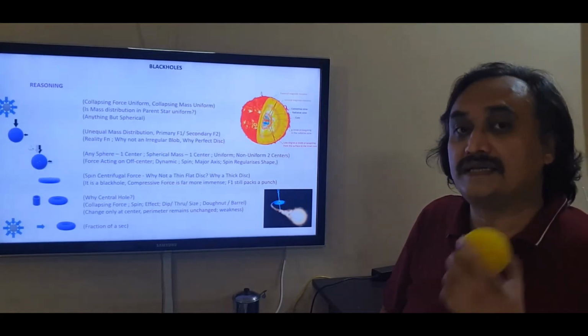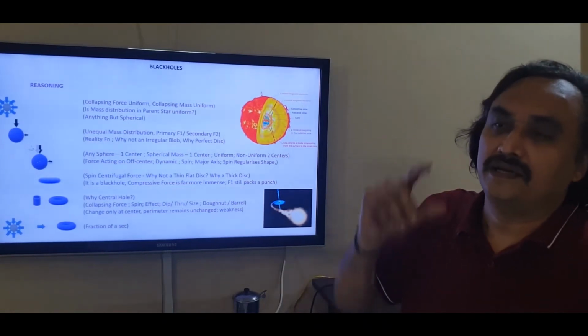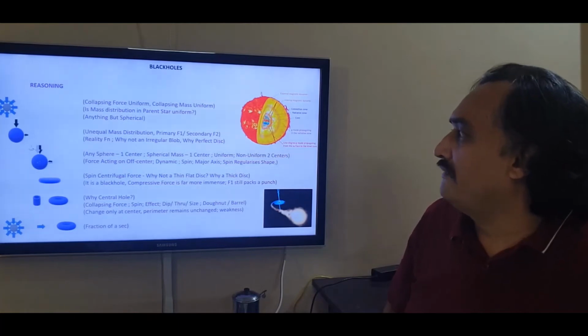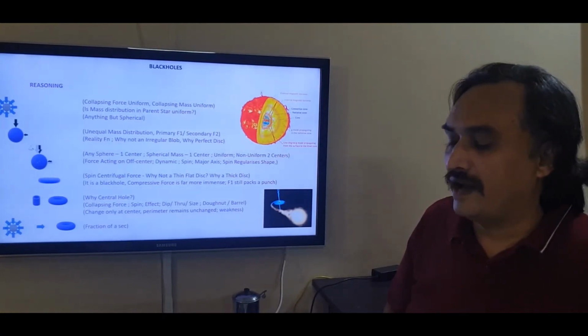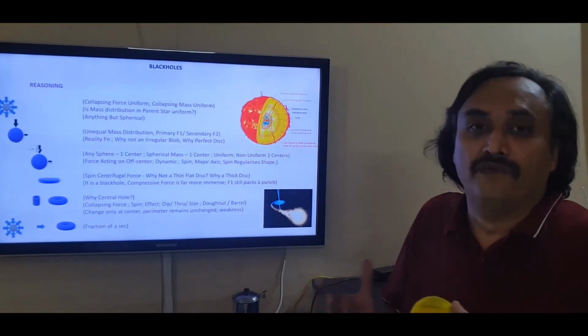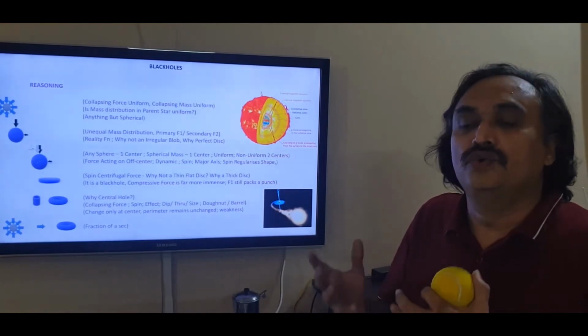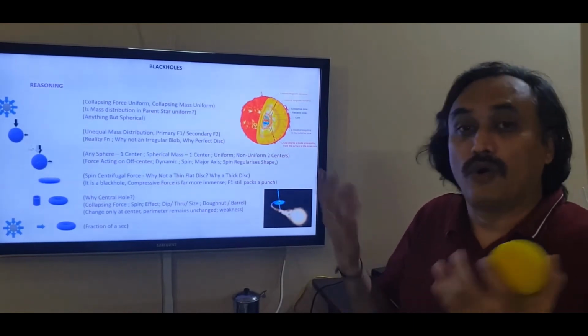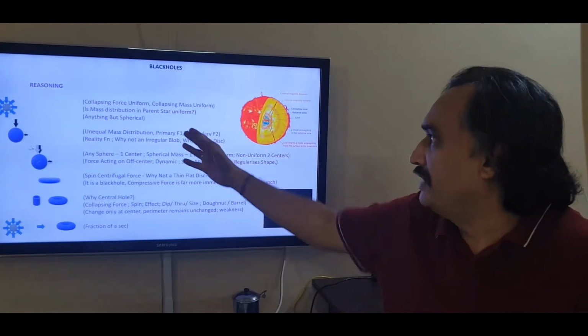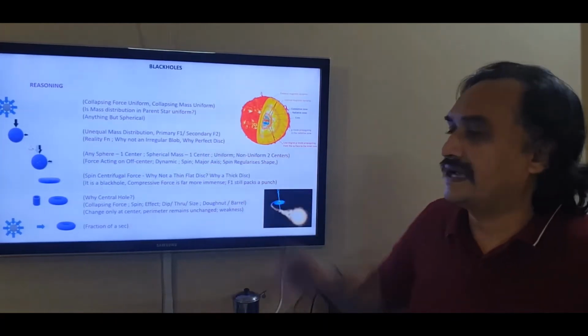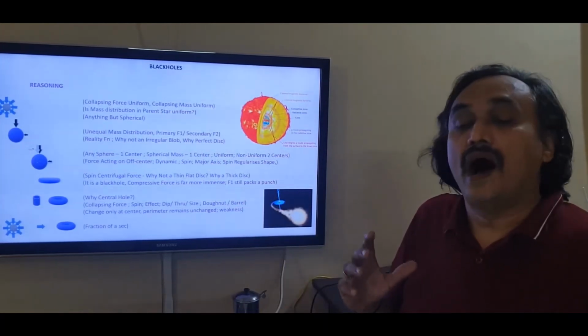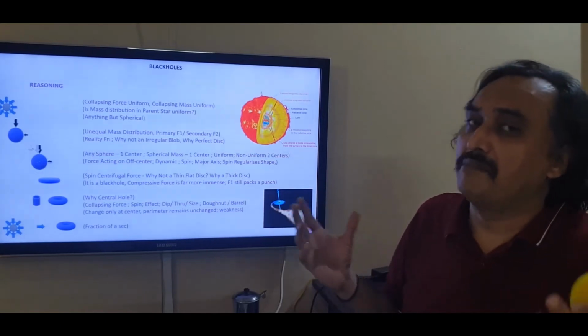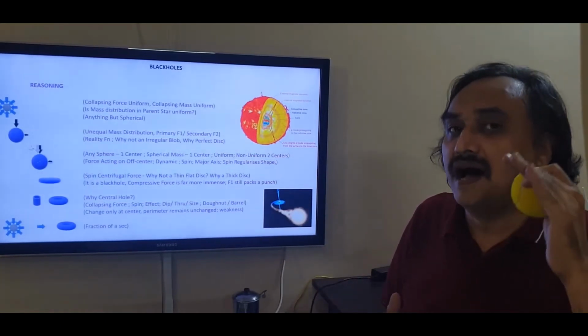But how does it attain the squashing effect? When you have an unequal mass distribution, you have differing forces. Let us assume there are two differing forces, the collapsing forces. One is the primary force F1 and another is the secondary force F2. Both of them are massive in nature, but one is higher than the other.